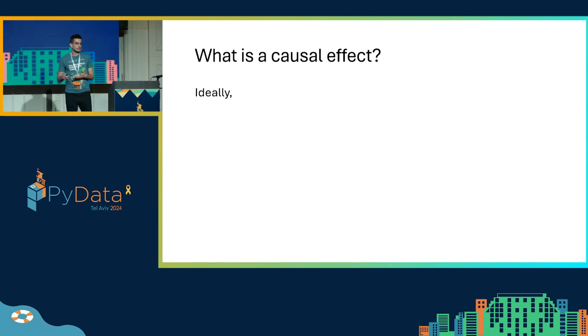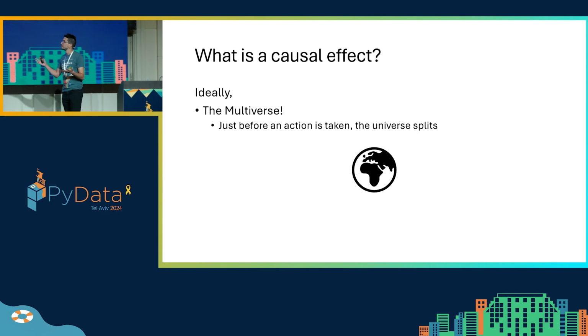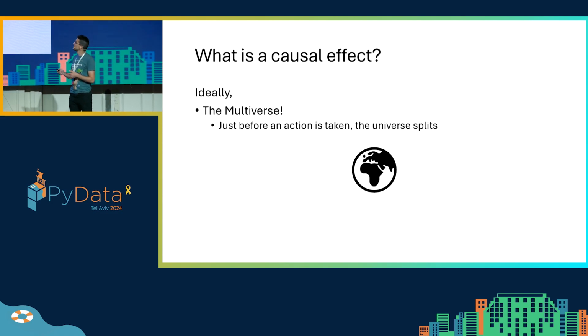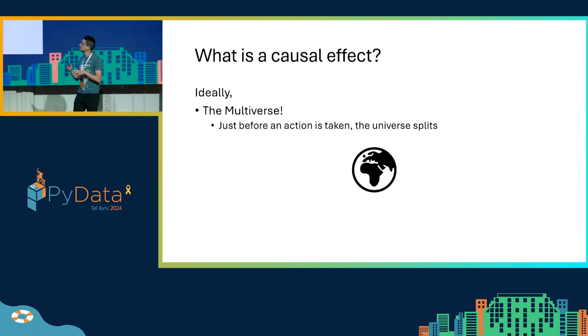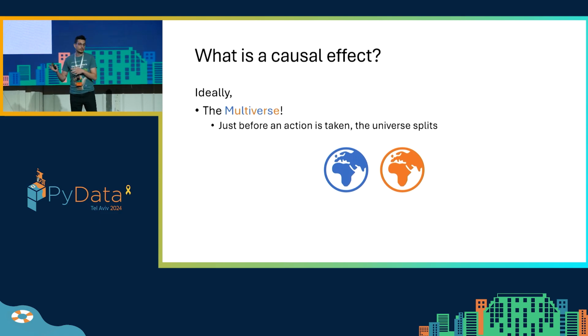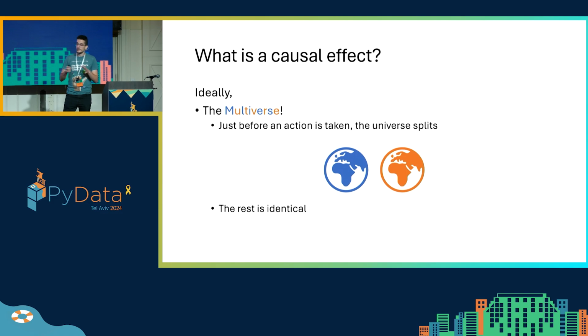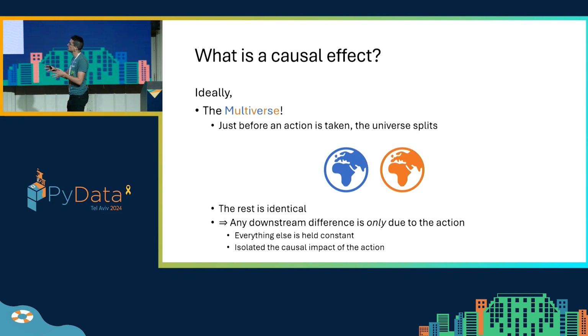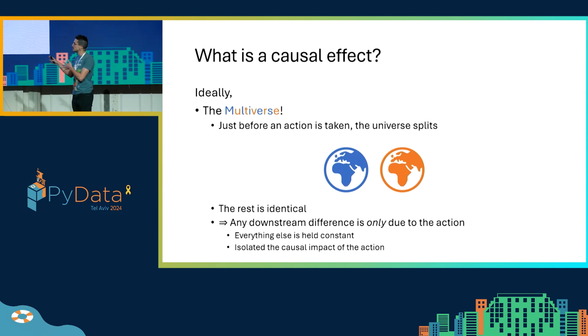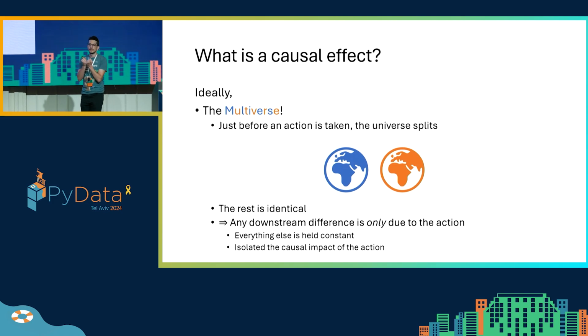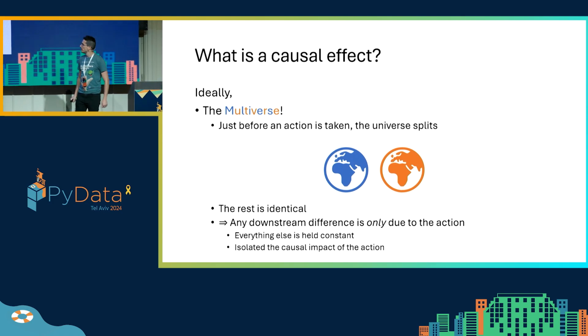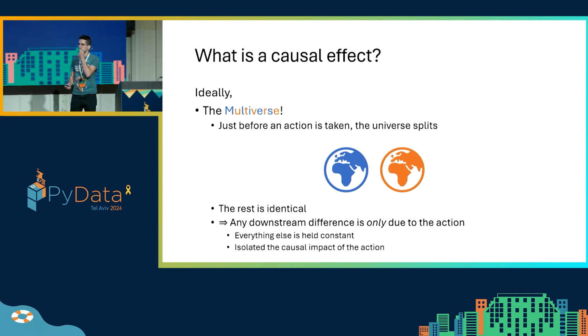And ideally, to make this comparison, we will use the multiverse, because just before an action is taken, the universe splits. In one universe, we did the action. In another, we did not do the action. The rest is identical. And so any downstream effect or difference is only due to this action because everything else is held constant. And so we can isolate the causal impact of just making this action.